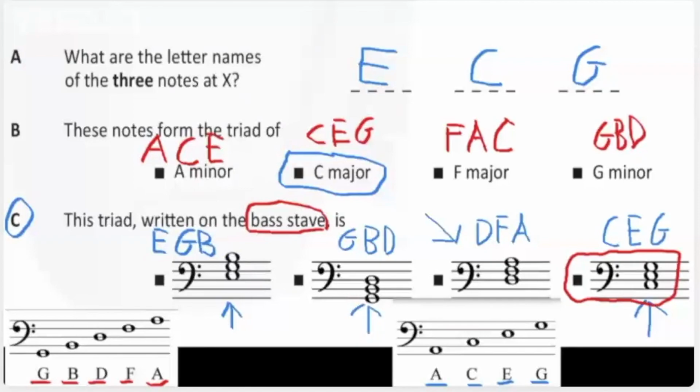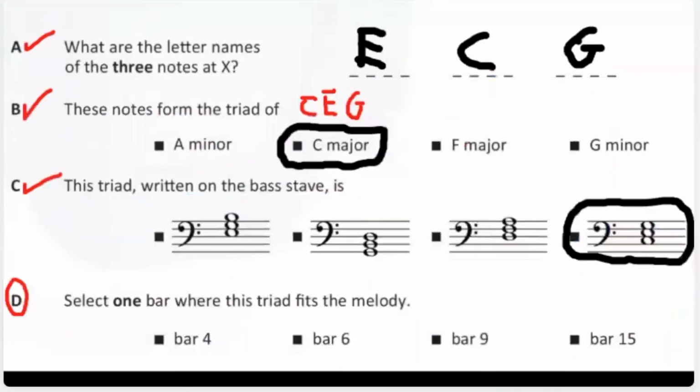We will now take a look at part D in more detail. The answer for part D will also be the triad we have formed from the answers in part A, B and C. We can clearly see in part B that the triad is C major, containing C, E and G. In part D, we can see there are 4 options with bar numbers, bar 4, bar 6, bar 9 and bar 15.